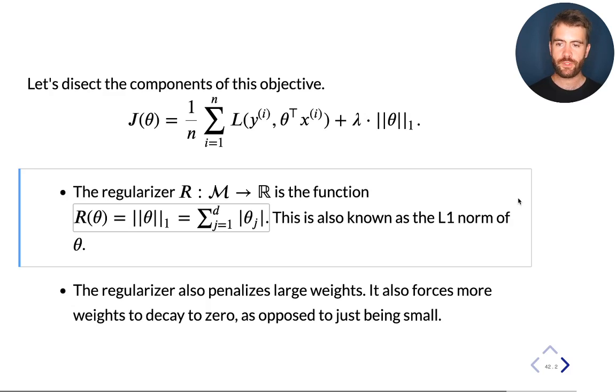However, the two norms will be really different in terms of which solutions they choose. The solution theta of an L2 regularized problem will just tend to have uniformly small weights. But the L1 regularizer will have small weights, but also most of them will be zero, which is going to be a really interesting and useful property of L1 regularization.